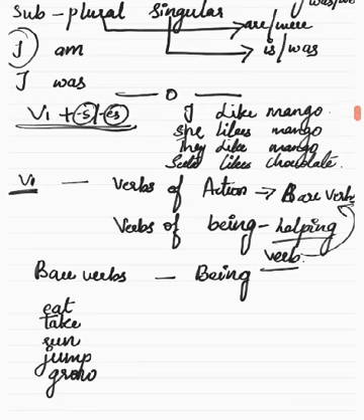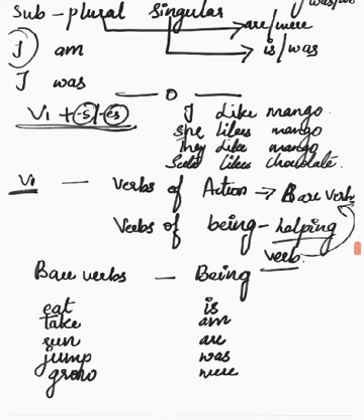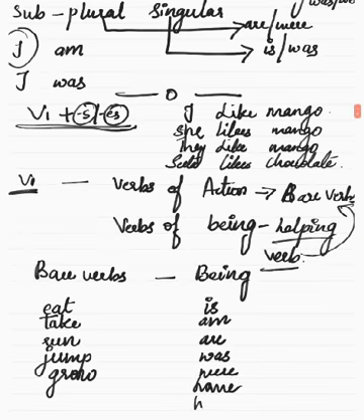And then verbs of being: there are many, and each and every verb is important. Let's write is, am, are, was, were, have, had, has. These are the verbs of being.